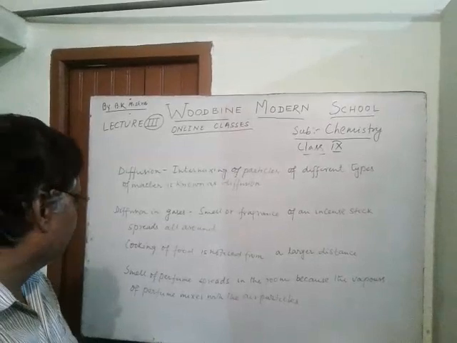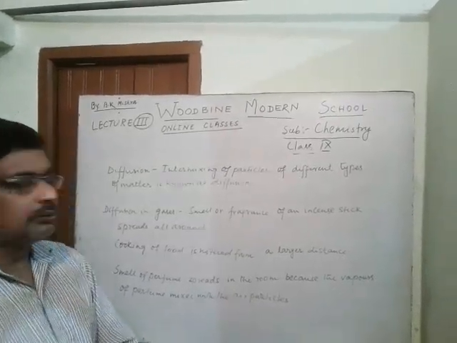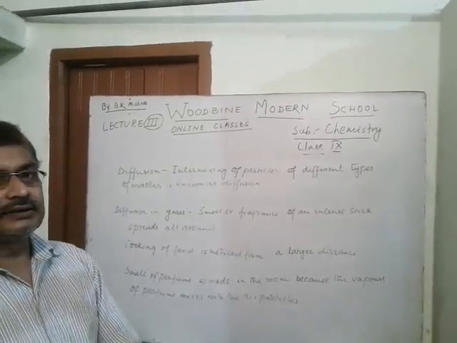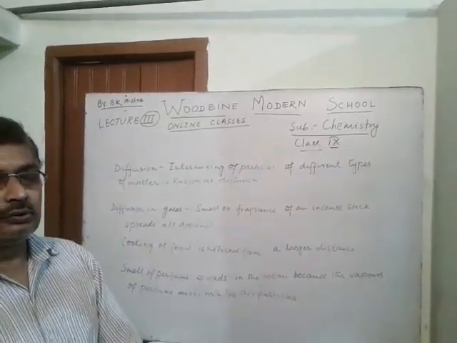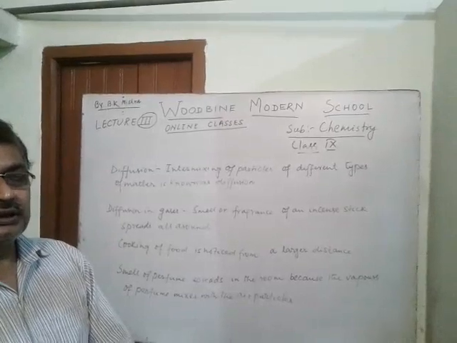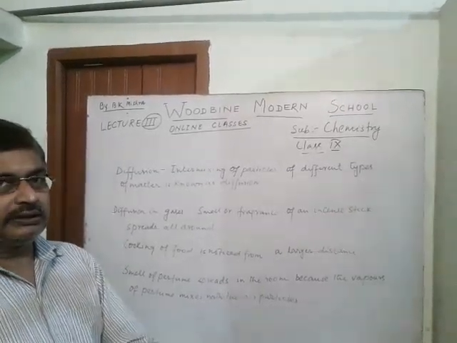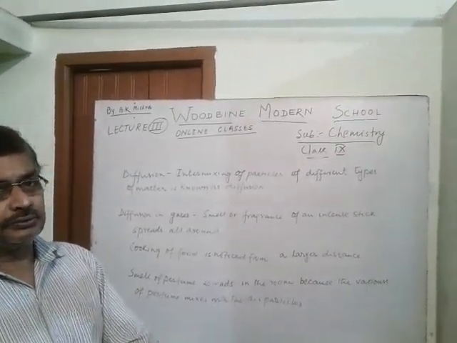Now, when food is being cooked at a larger distance, the smell of the cooking also comes to our notice due to diffusion in gases, because the particles intermix and reach us.